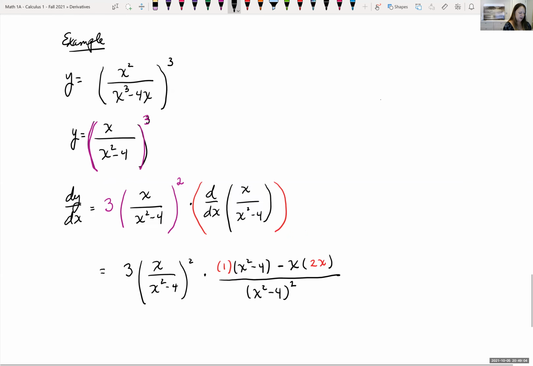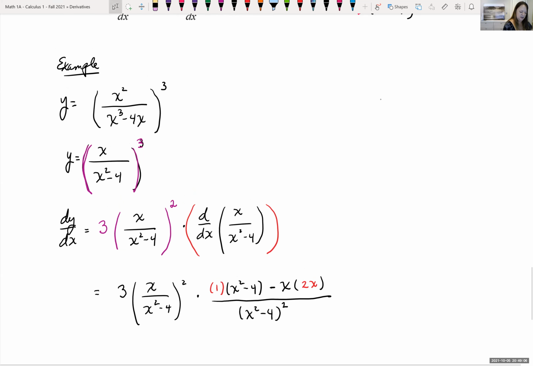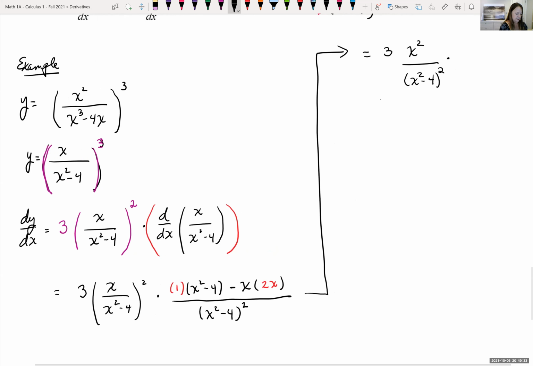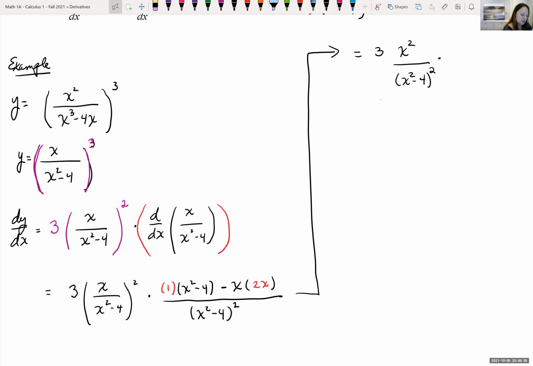Okay, so I know we can clean this up. Let's rewrite it: x all over x squared minus 4 quantity squared. We can square both the numerator and the denominator. So this is the same thing as x squared all over x squared minus 4, that piece quantity squared, times x squared minus 4.